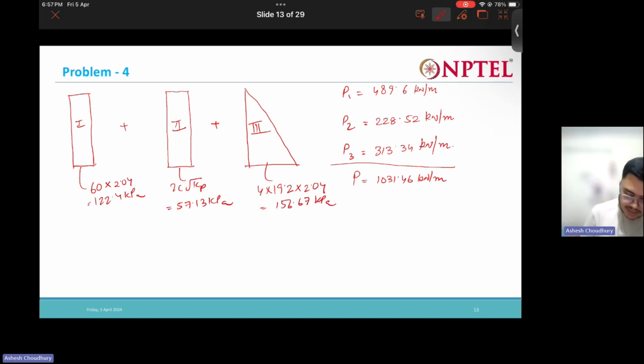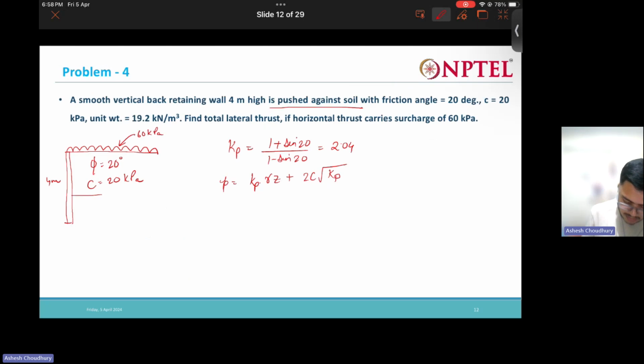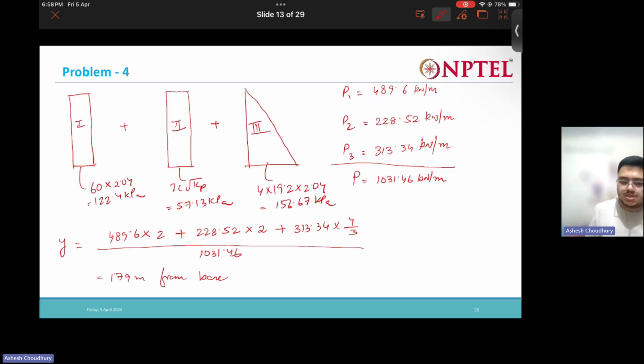We got the total P. Now the next task is to find the Y. Into how much? 4 by 2 means 2. Okay. So this is the final result.